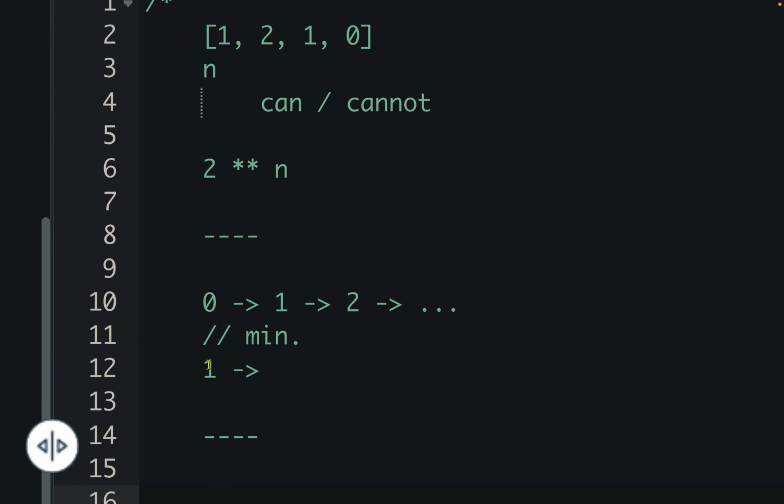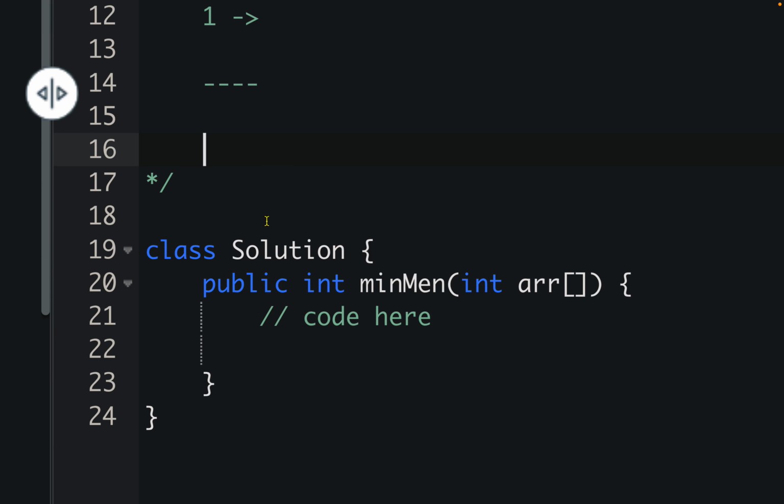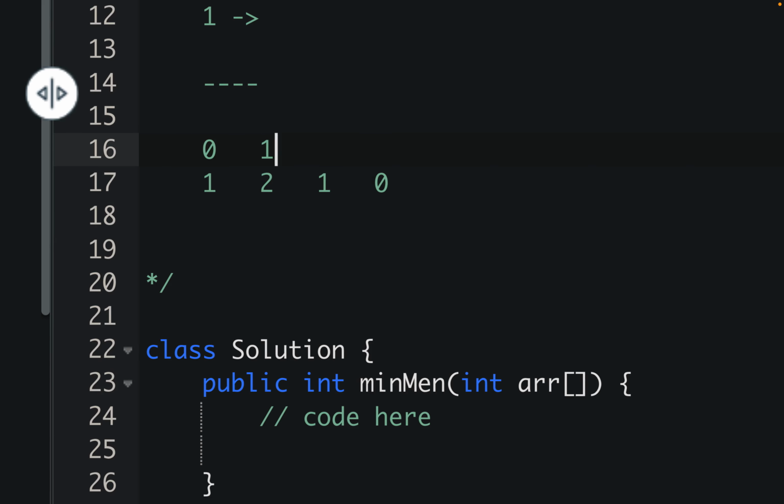But how can we do this? How can I solve this one then? The array here has 1, 2, 1, 0. So let's think about it in a naive way. If I was given this problem in the real world, how would I solve it? Obviously I would check whether this guy over here can solve my problem, and if yes, how much he can cover.